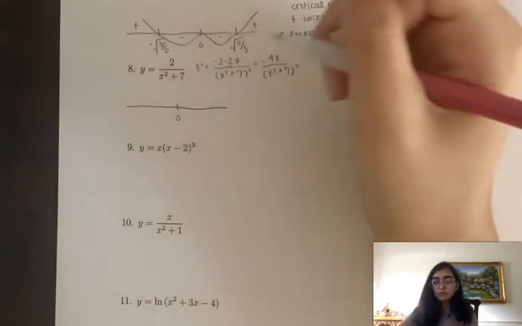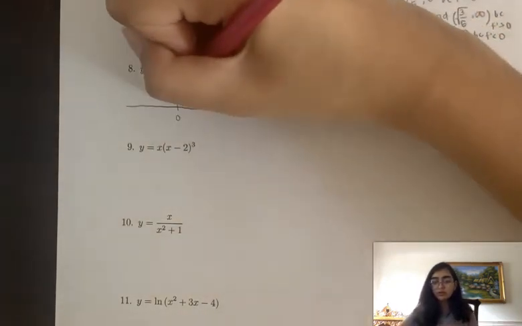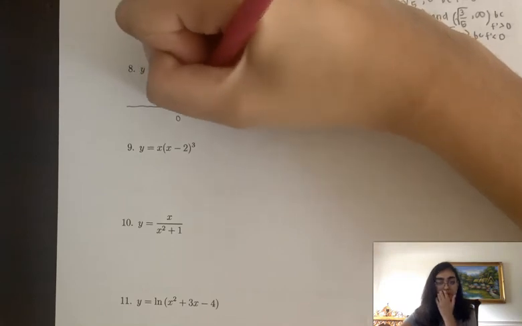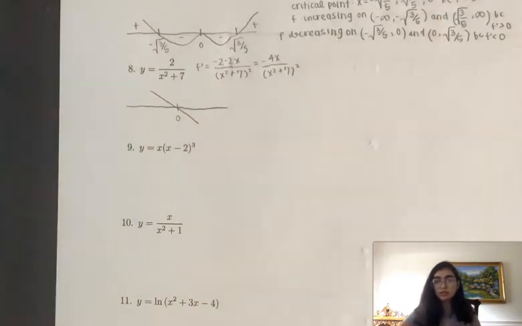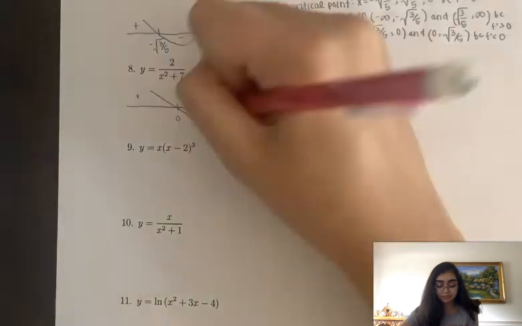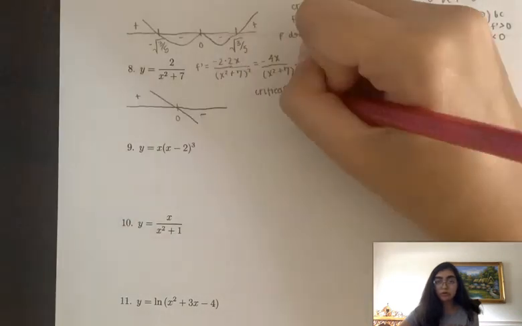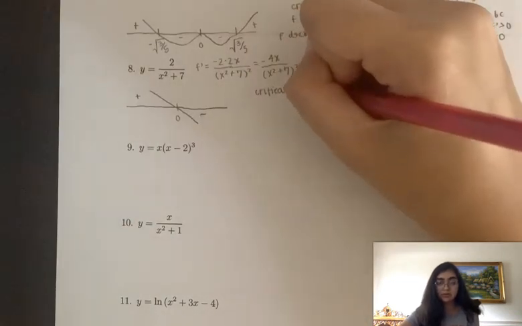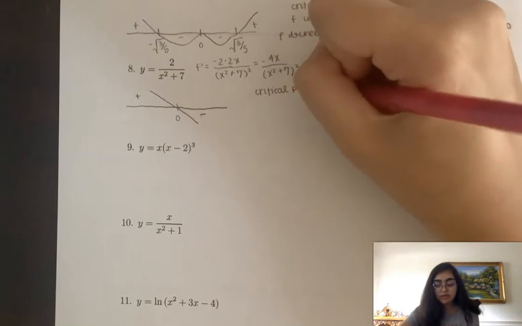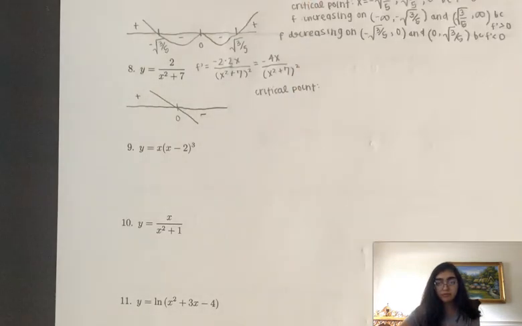It's always going to be above the x-axis, and therefore we don't consider it because the sign isn't going to change in that interval. So we're only going to have 0 in our sign chart. This is an odd negative graph. It's basically a line going from positive to negative. So the only critical point we're going to have is x equals 0, because that's where f prime equals 0.